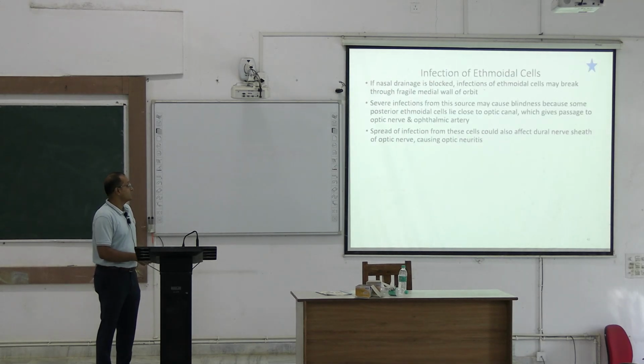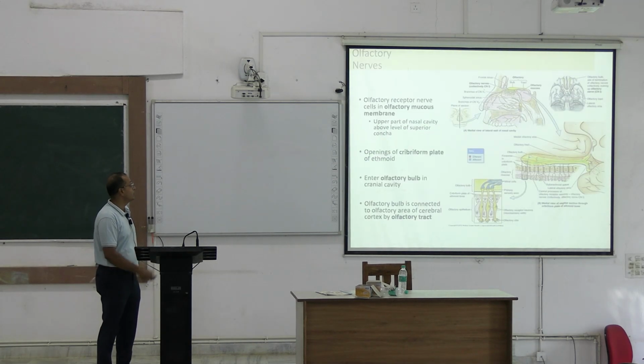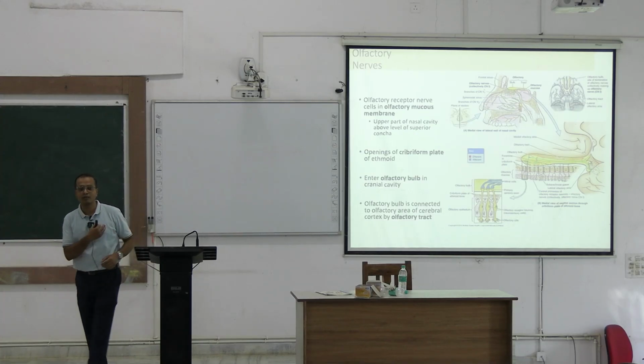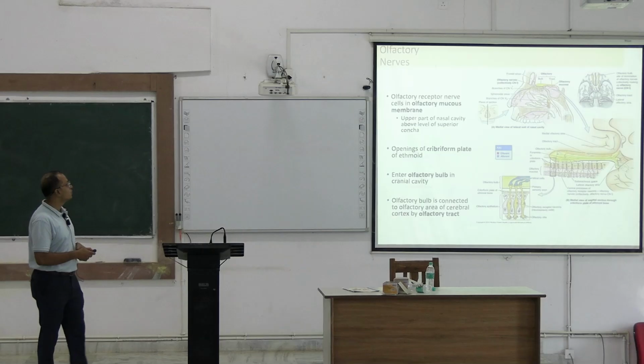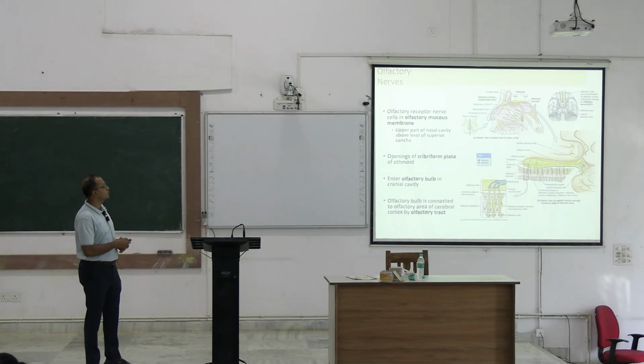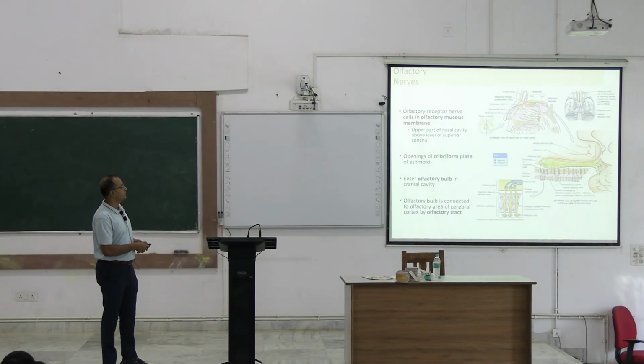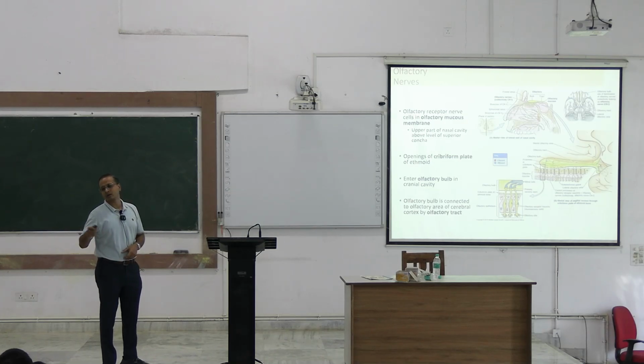Coming to the infections of the ethmoid and the olfactory nerves that we have talked about. The olfactory nerves start with the mucosa in the roof region of the nose. So in the nasal cavity roof region we have the olfactory nerves. The mucosa present here we call the olfactory mucosa.